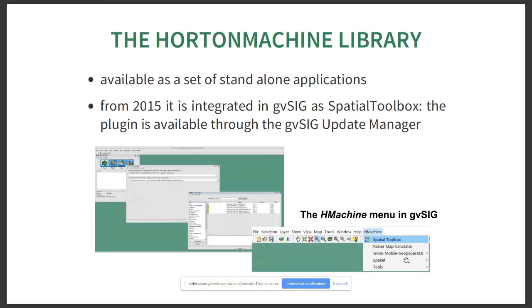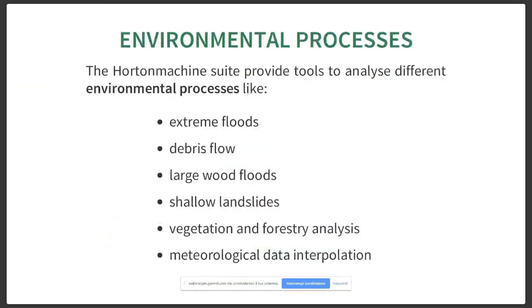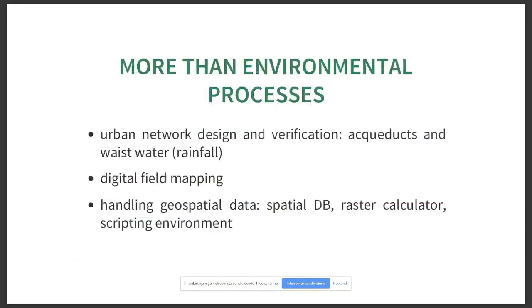So the HortonMachine suite provides tools to analyze different environmental processes like extreme floods, debris flow, large wood floods, shallow landslides, vegetation and forest analysis, and meteorological data interpolation. It is possible to do more than analysis only.